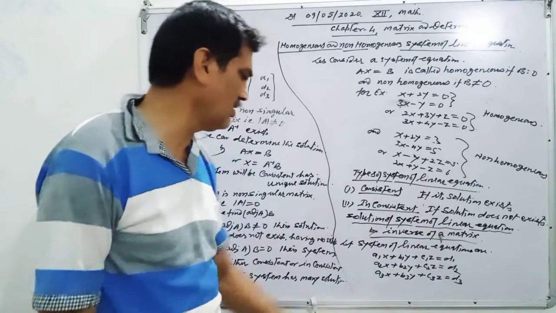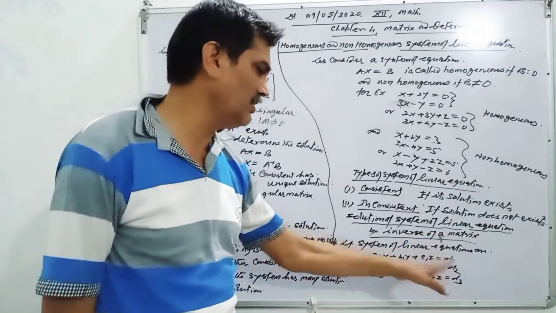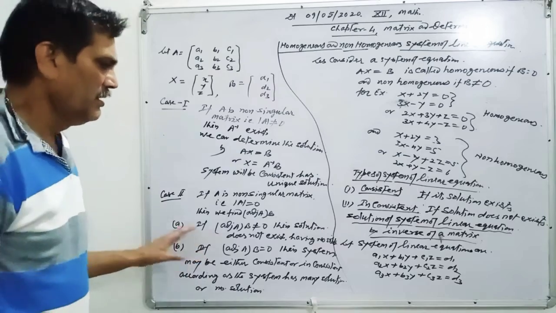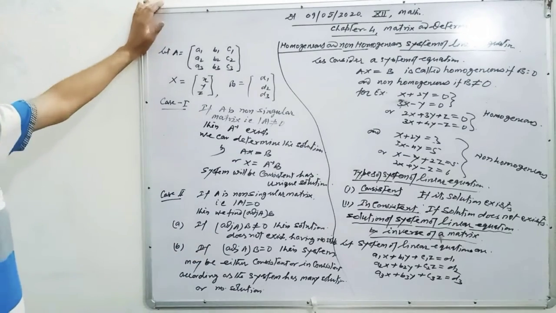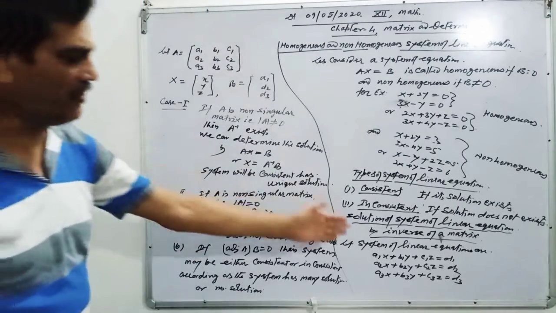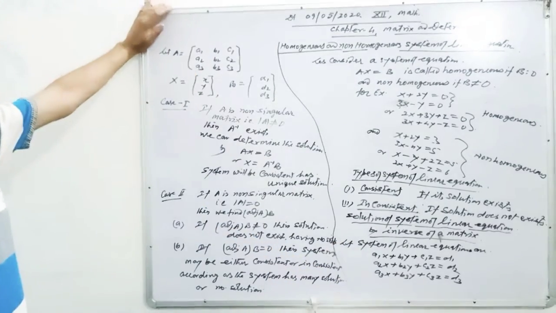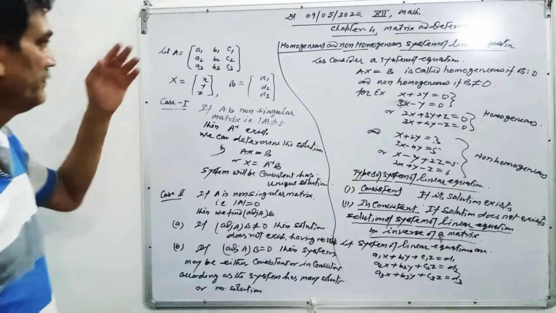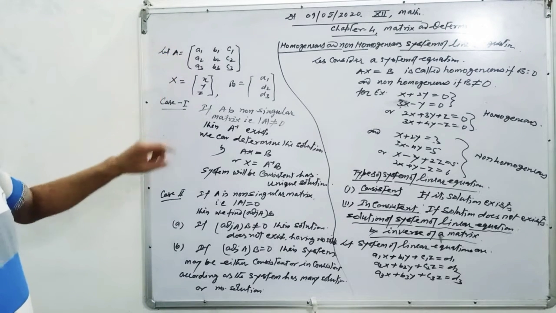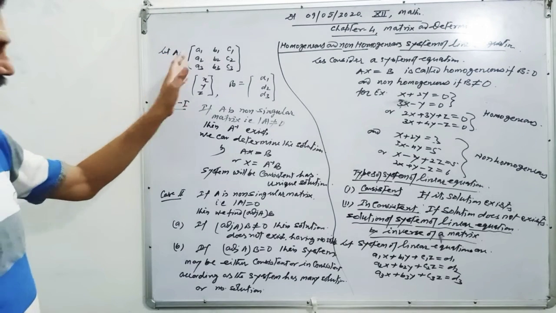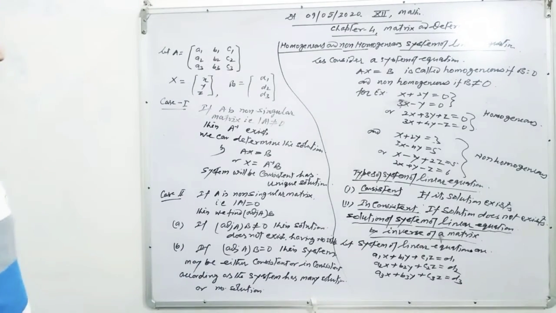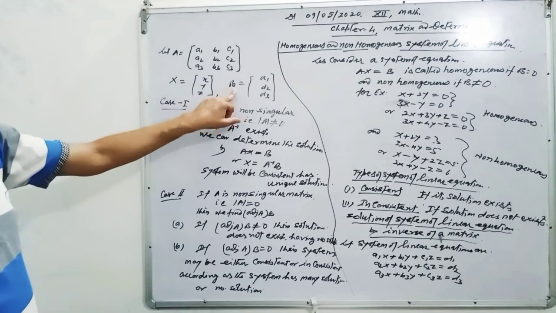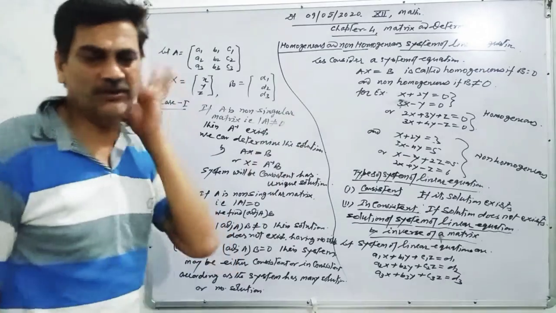Because B is not equal to 0. Here B is d1, d2, d3. Now you can form the matrices from this system of equations. A is the matrix of coefficients of x, y, z written here. X is the matrix of variables x, y, z, and B is the matrix of constants d1, d2, d3.